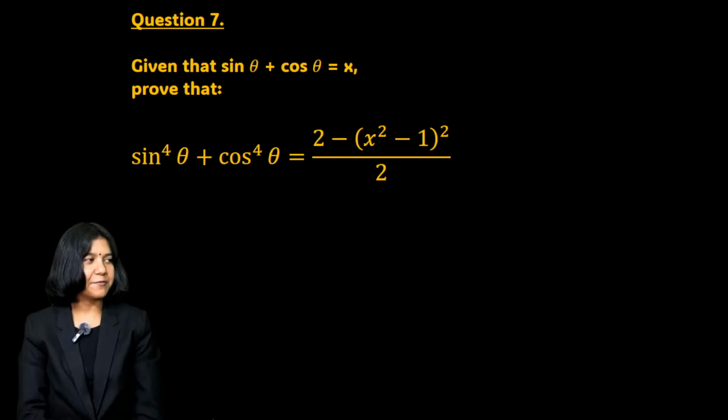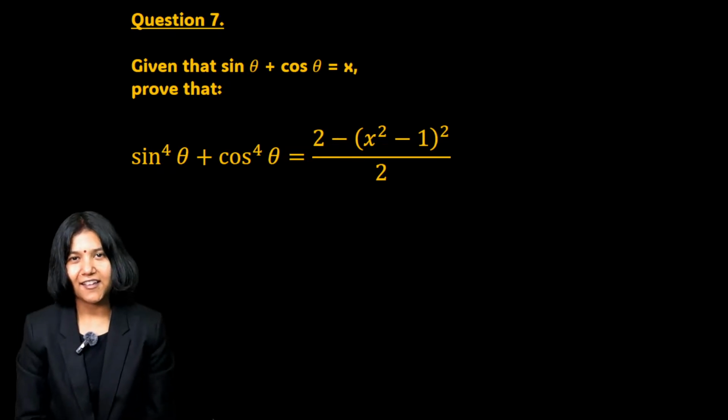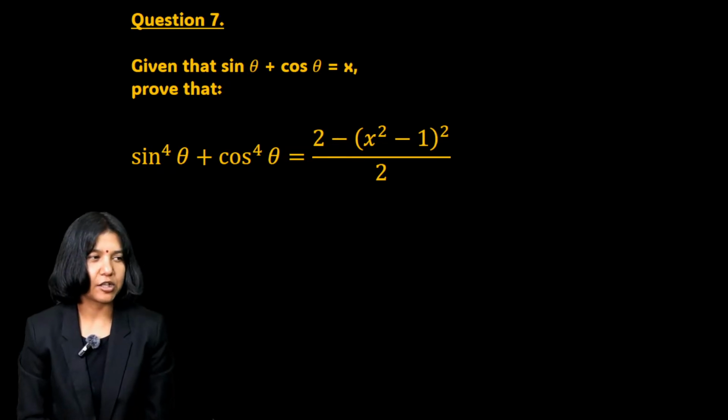Question 7. It says sine theta plus cos theta is x. Now prove that sine to the power of 4 theta plus cos to the power of 4 theta. A lot of you who have already been dealing with questions like this know there are multiple ways of doing this kind of question.